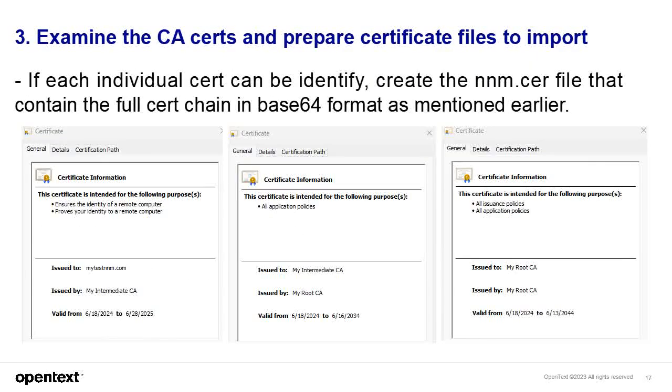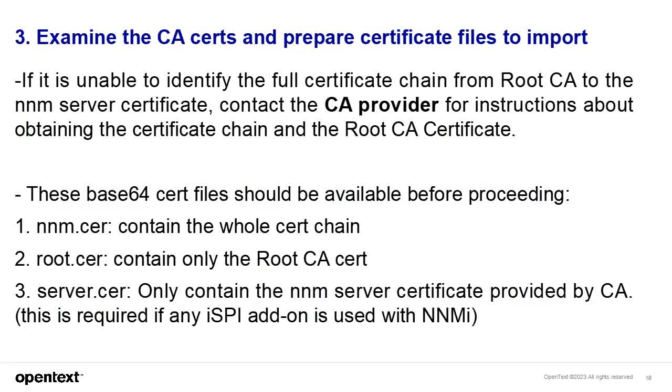If each individual cert can be identified, create the nnm.ser file containing the full cert chain in base64 format as mentioned earlier. If it is unable to identify the full certificate chain from root CA to the NNM server certificate, contact the CA provider for instructions about obtaining the certificate chain and the root CA certificate.